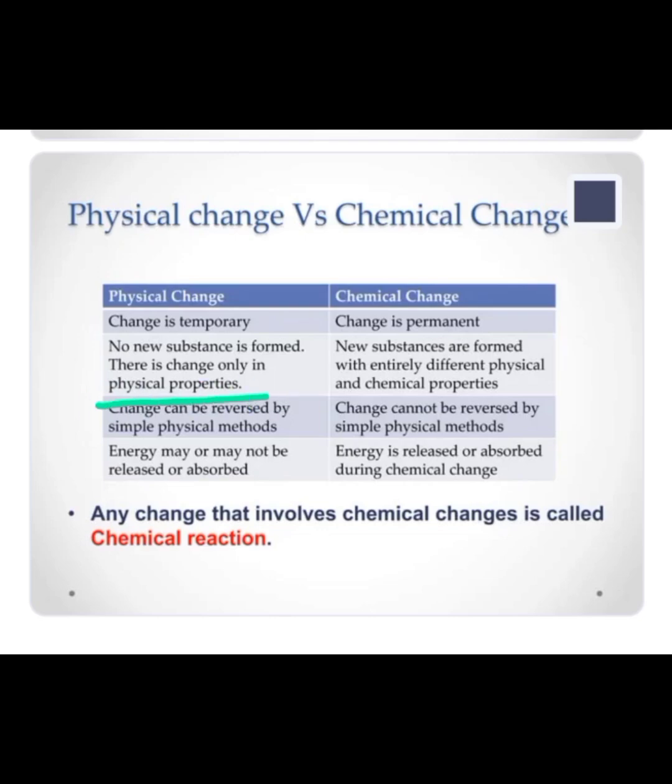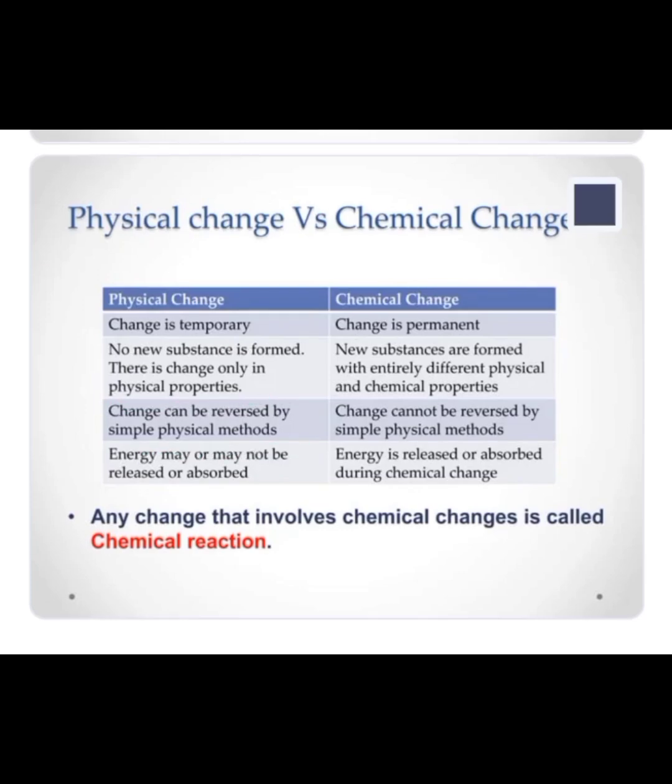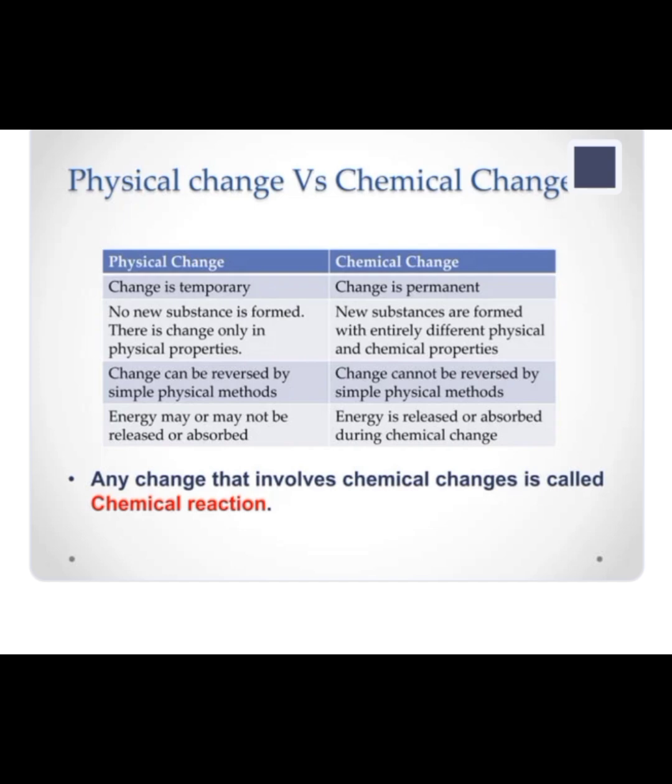Next, the change can be reversed by simple physical methods like boiling, freezing, condensation, evaporation, sublimation. Next point, energy may or may not be released or absorbed. There is no remarkable change in the energy here in case of physical change.